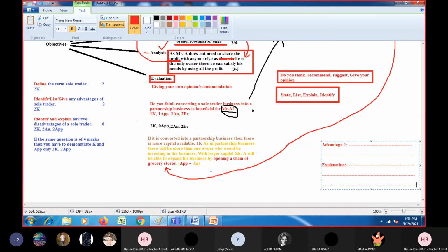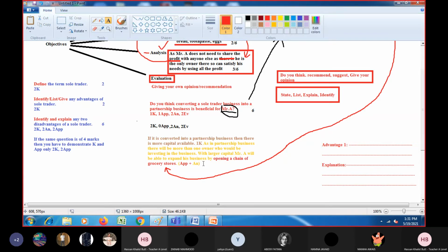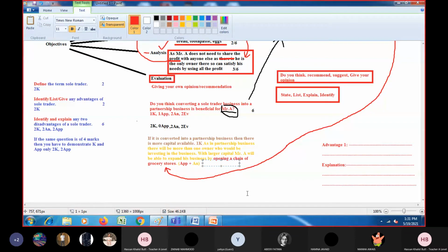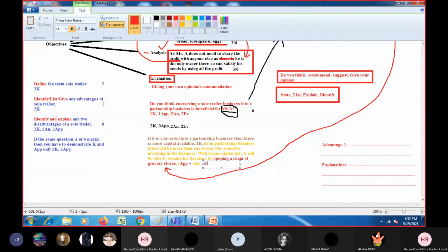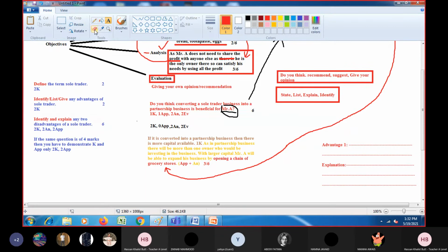So this is one point well developed along with the application, or you can say well in context. So by now how many marks will you be able to get? 1 mark for the knowledge, and here you will get 1 more mark for application and for analysis as well. So by now you will be able to get 3 out of 6. As I told you, there are marks for these objectives: 1 mark for knowledge, you achieved it. 1 mark for application, again done. 2 marks for analysis, but you got only one. Why did you get only one?